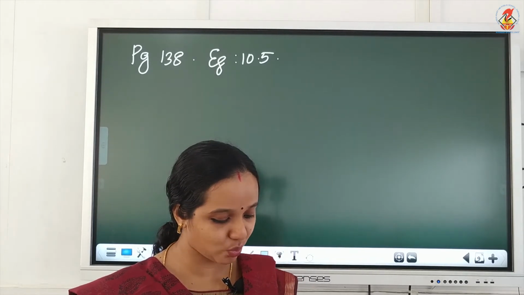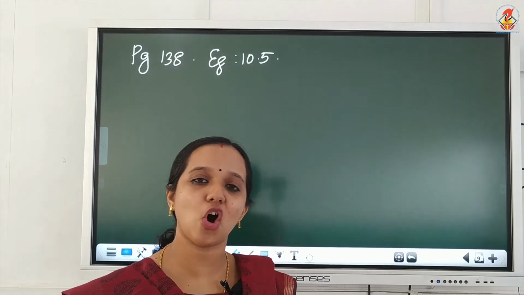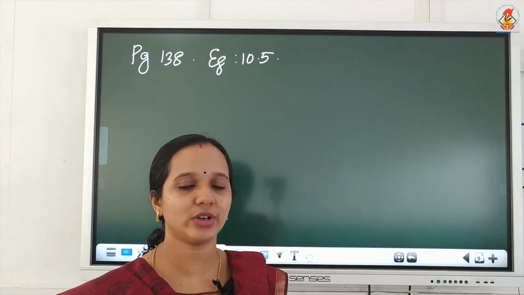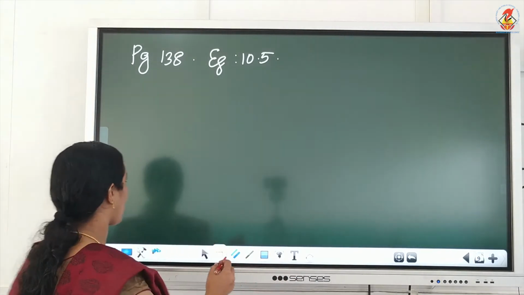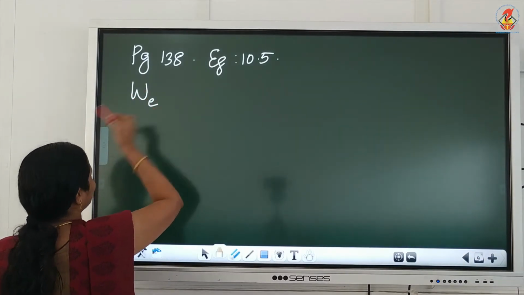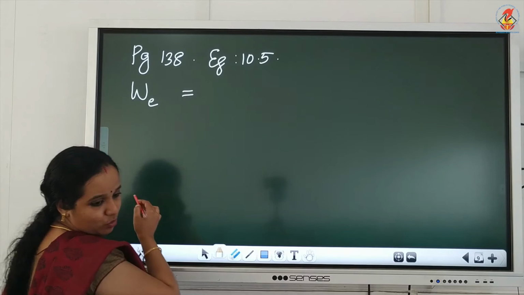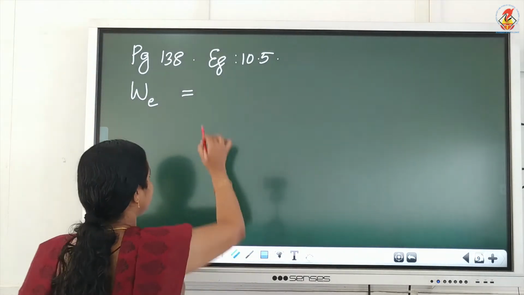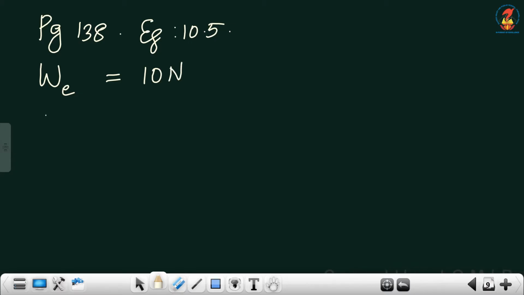What would be its weight when measured on the surface of moon? So when you measured the weight of an object on the surface of earth, the weight was 10 Newton.